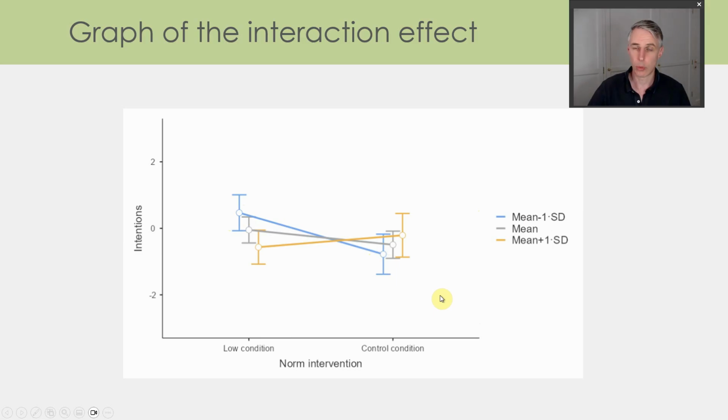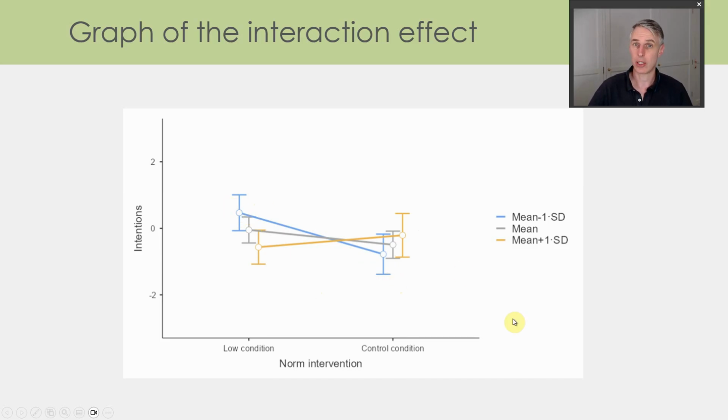Who knows what the reason for that might be? It could be that if you're not particularly into the group, then you might not particularly care, or you might be irked or bothered by information about the norms of the group, as if it's an attempt to influence you, and you push back against it by saying you're going to do the opposite.